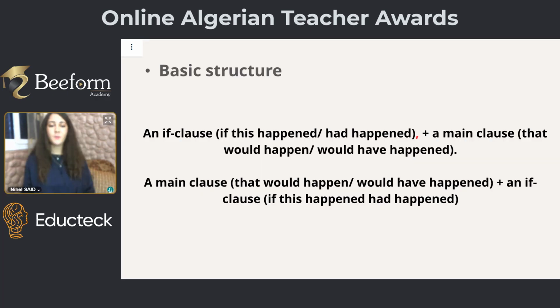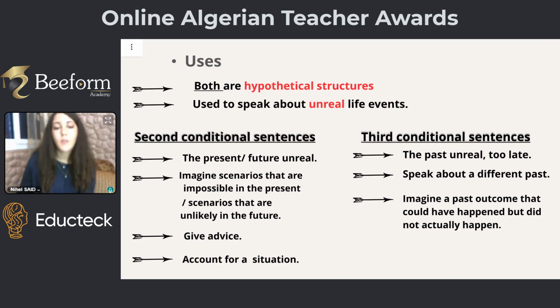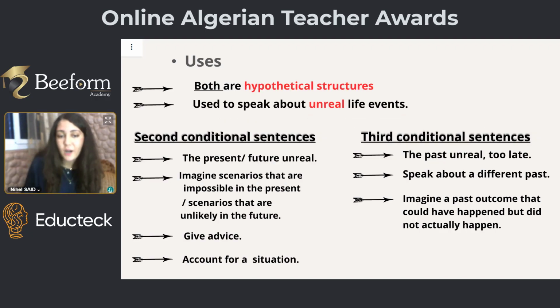All right. So now let's go through those points in a clear way. As we said earlier, the structure is an if clause followed by a comma and then a main clause. We can swap them around and drop the comma. For the uses, they're both hypothetical structures and are used to speak about unreal life events.